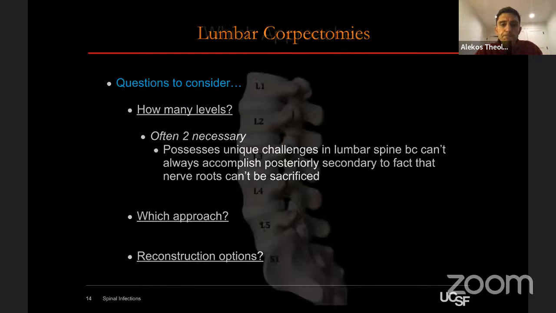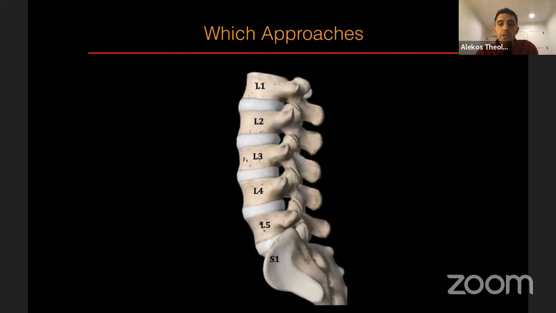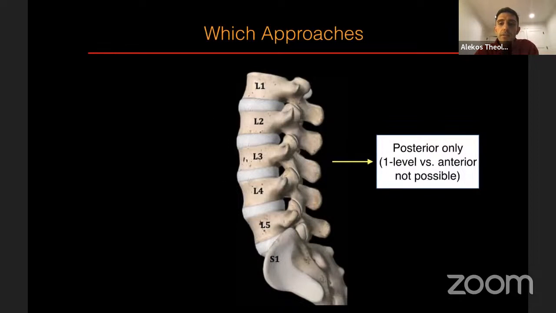depending on which approach you do take. So in terms of which approaches, in the setting of performing a one-level corpectomy, or if an anterior-based operation is not feasible, a posterior-only operation can be considered. You can sneak an expandable cage between the nerve roots and expand it to reconstruct the anterior column.